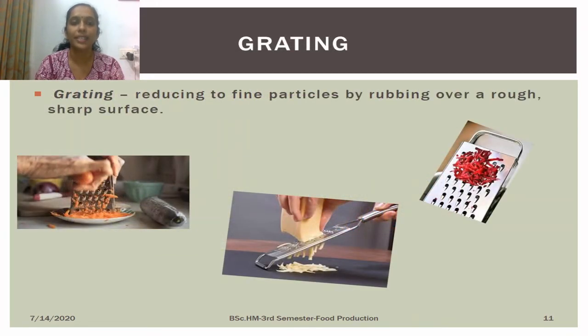Next one is grating. Grating refers to reducing to fine particles by rubbing over a rough, sharp surface called graters. The graters are available in varying sizes and forms. Mainly there are two types of graters, the flat grater as well as the box grater.